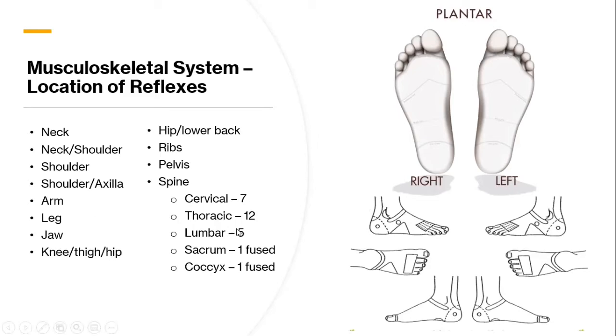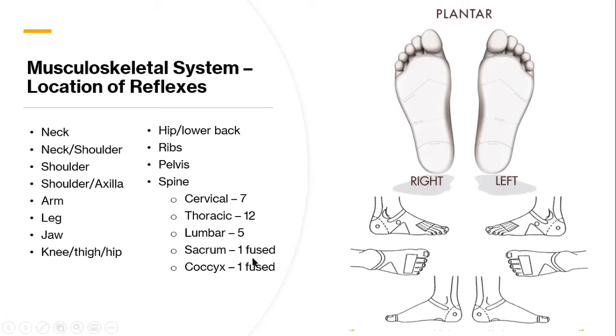Somebody that has a flat foot, you're going to notice that the spine is probably going to be lower in the foot. It's really interesting if you have somebody that has some sort of spine disorder like scoliosis. When you start to feel for that bone in the foot, you can actually tell where the curve in the spine is, because you can feel it in the feet.